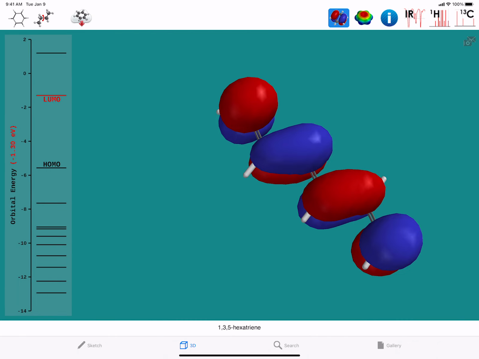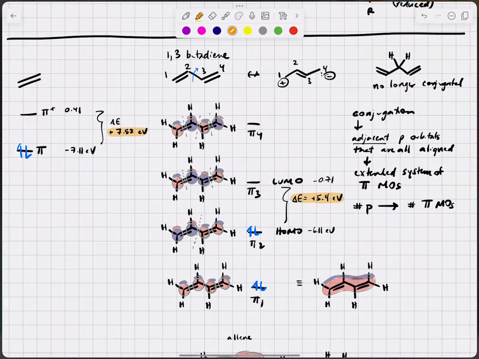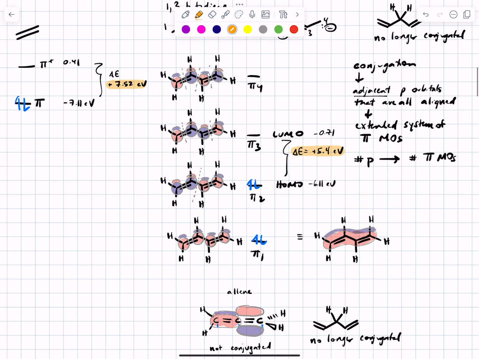All right, why do we care about that, other than it's an observation? Are we just making observations today? Well, it's the HOMO-LUMO gap that determines the frequency of light that is required for a photon to promote an electron from HOMO to LUMO.